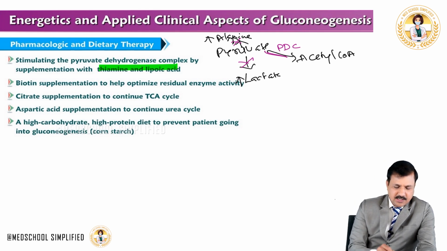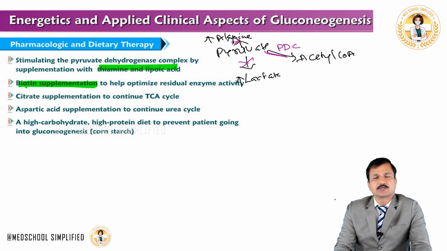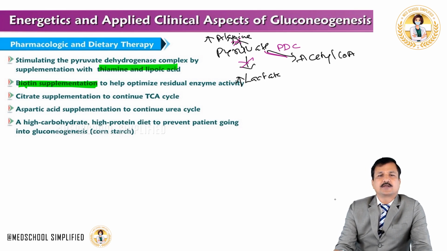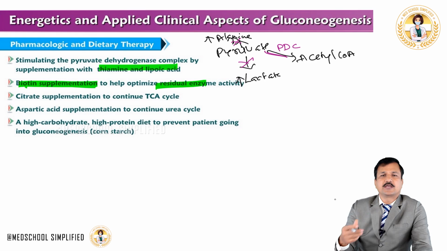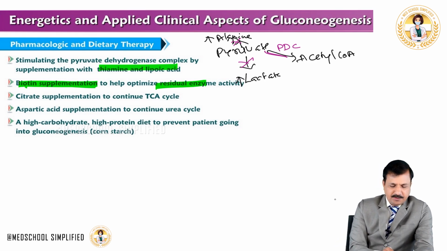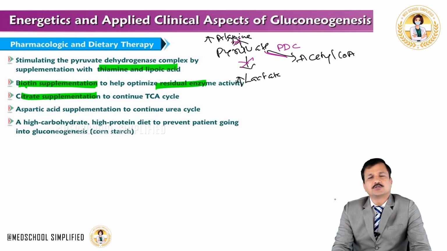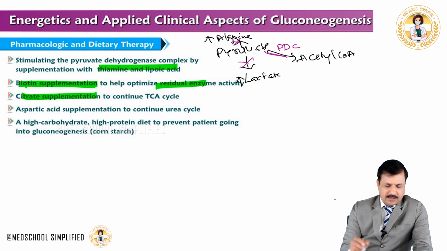The other thing is biotin supplementation. You know, the pyruvate carboxylase enzyme here needs biotin as a coenzyme. So supplementation of biotin might optimize the residual enzyme activity, thereby improving the signs and symptoms. Citrate supplementation can be done to continue the TCA cycle so that alpha-ketoglutarate, glutamate, all these things can be taken care of.